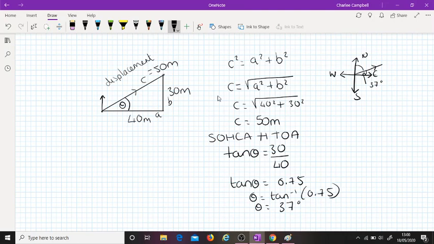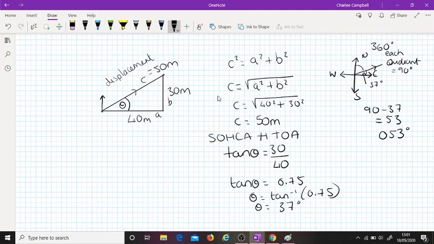So to work that out, imagine that this quadrant is 90 degrees, so from north to east is 90, and then another 90 from east to south, another 90 from south to west, another 90 from west to north again, because the whole thing is a circle, which is 360 degrees. So each quadrant equals 90 degrees. So if we take our 90, take away our 37, that gives us 53, and our bearing is always written as 3 figures, so 053 is our bearing.